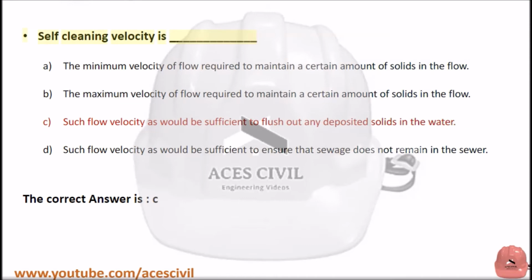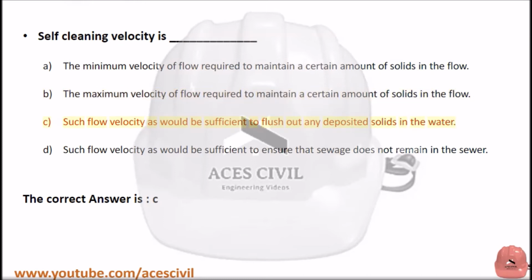Self-cleaning velocity is A. The minimum velocity of flow required to maintain a certain amount of solids in the flow. B. The maximum velocity of flow required to maintain a certain amount of solids in the flow.